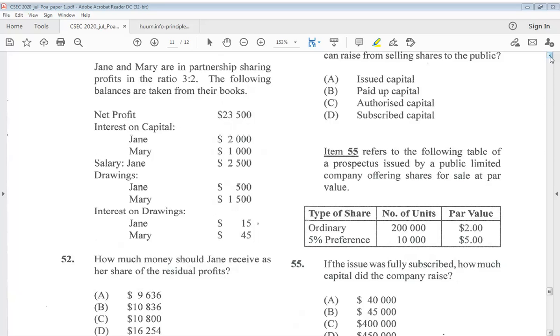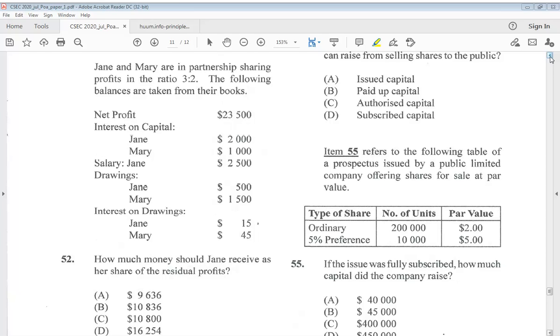Now, it mentioned the share of profits after. So next we are going to do the share of profit after appropriation. So in the beginning, they say the ratio is 3 to 2. So Jane is 3, Mary is 2. So that's a total parts of 5.